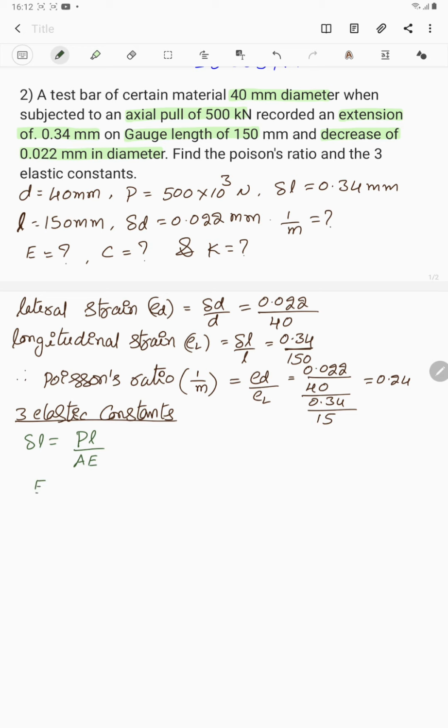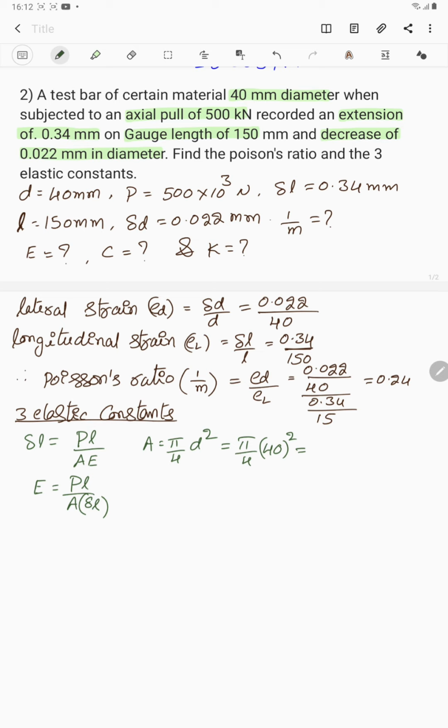From this Young's modulus equal to PL by A into delta L. Here A equal to pi by 4 into D square equal to pi by 4 into D, D is given 40 whole square.